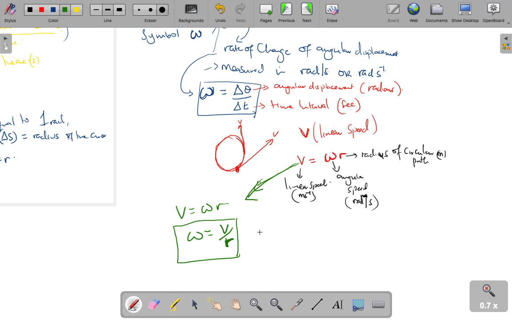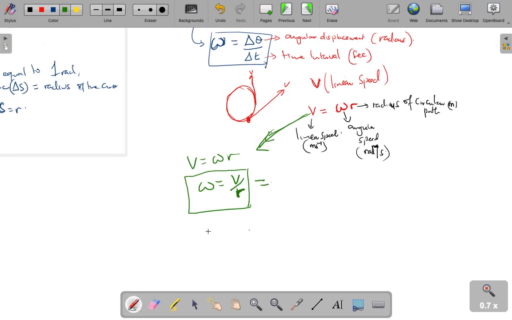And this can also be given as, I'll write another version. This version is omega equals 2 pi f, f meaning frequency.